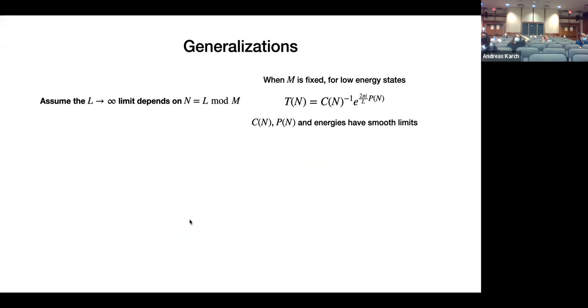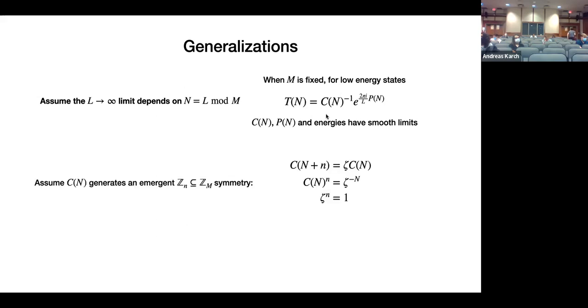Yeah. So we can generalize this. I'll be quick here. We can generalize this to more general systems. Let's assume that the L to infinity limit depends on L mod M. M is a periodicity, okay? Which means that the eigenvalue of translation will have this additional phase factor, and they depend on L mod M. We can further assume that the C actually generates the emergent Zn symmetry, little n, which is a subgroup of Zm.